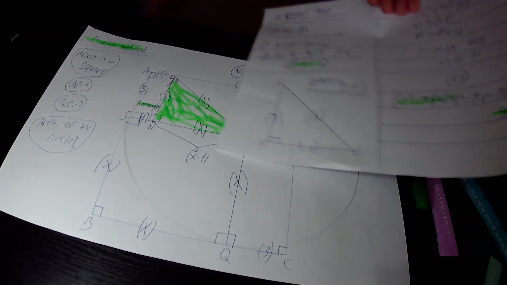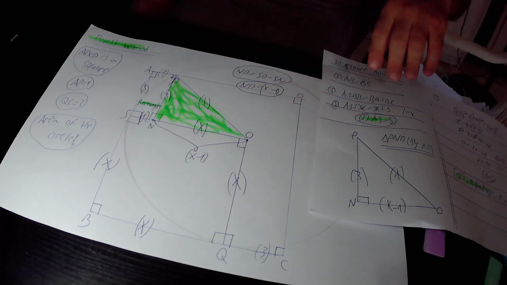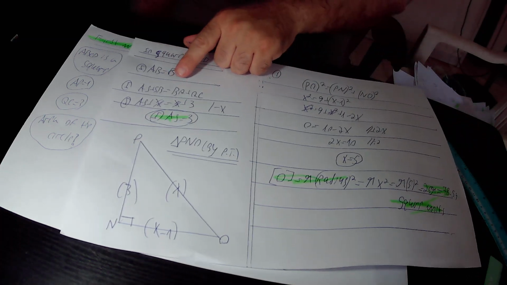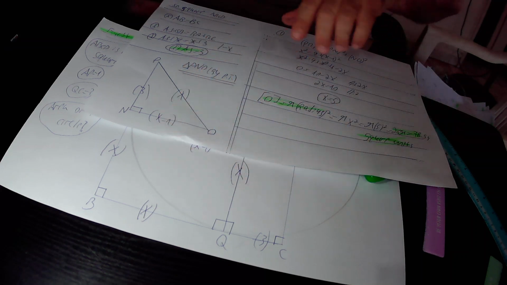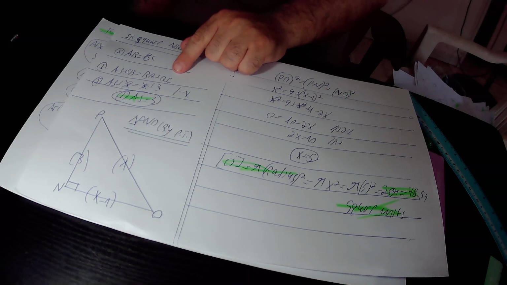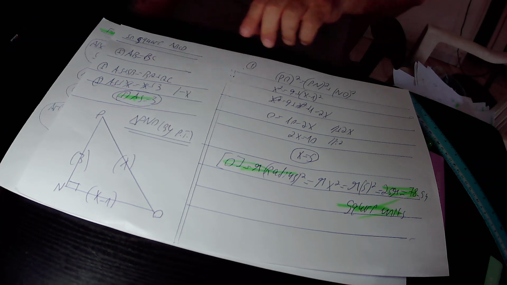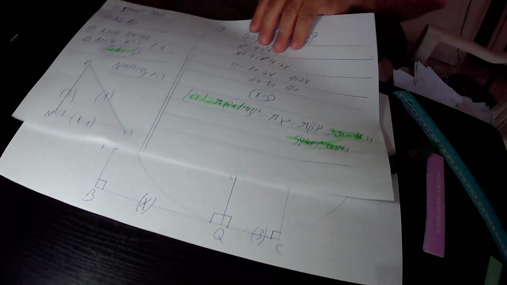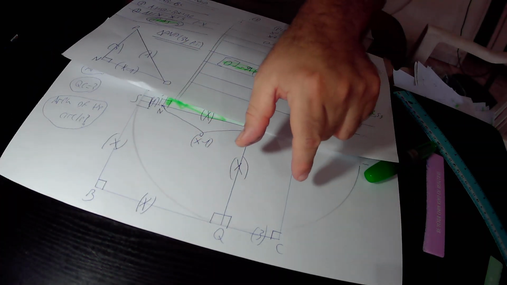AB in total equals AS plus SB, and BC in total equals BQ plus QC. So in total, according to equation 1, we found out that AS plus SB equals BQ plus QC. AS is the missing side, so we leave it as it is, plus SB. SB is x, and it equals BQ. BQ is also x, plus QC, that is 3.